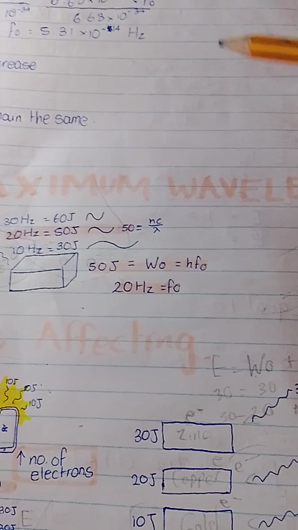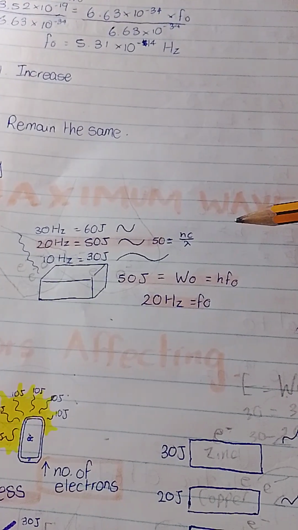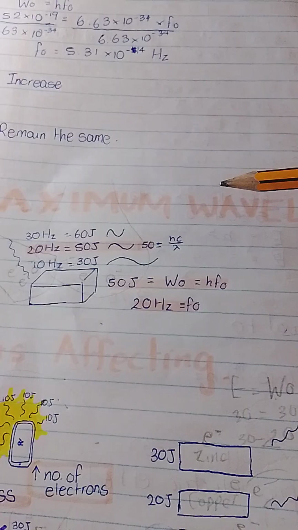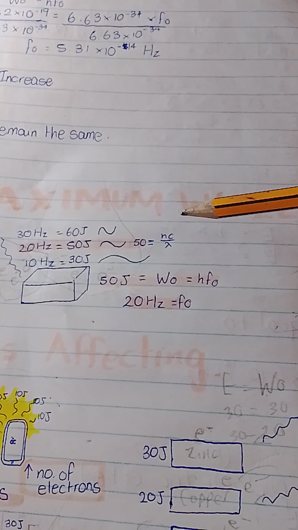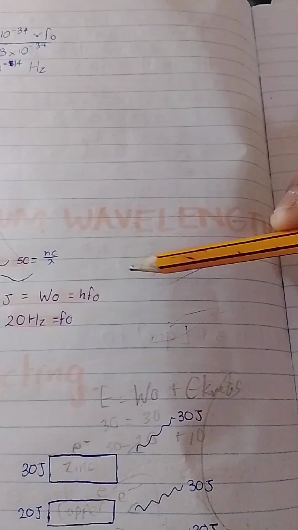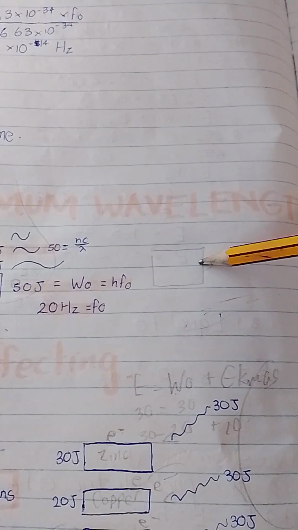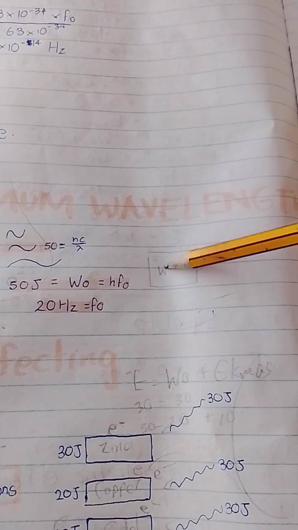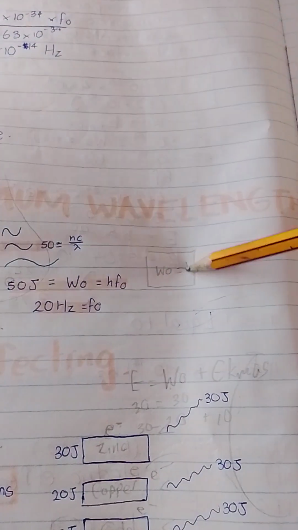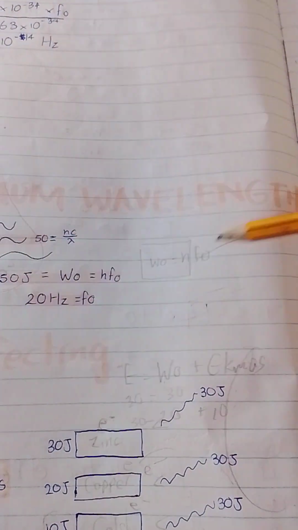Let's say they ask you what is the maximum wavelength of the photons. Over here, this thing has a work function. That work function is going to come with a threshold frequency.